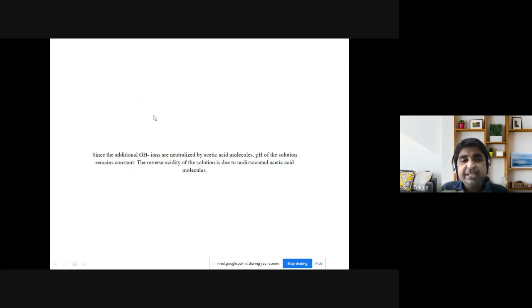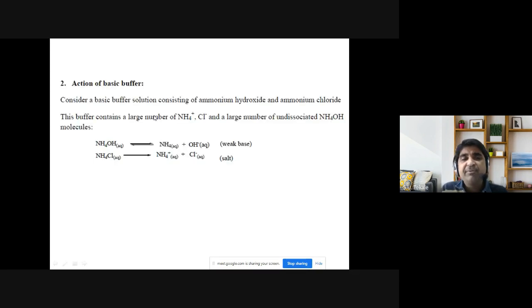The next point is the mechanism of action of basic buffer, or how a basic buffer resists change in its pH value. Having a clear idea about the mechanism of acidic buffer, a similar analogy can be applied for basic buffers also.